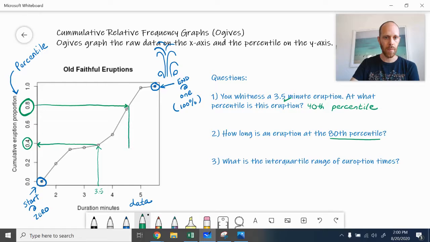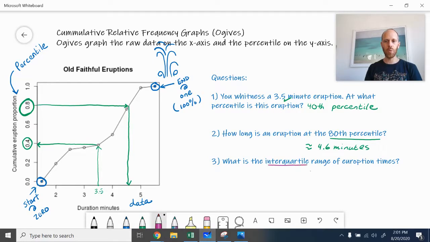And so if I move my way down, that looks to me like it's a little bit closer to the 5 than to the 4. So we would say it's approximately 4.6 minutes in duration.